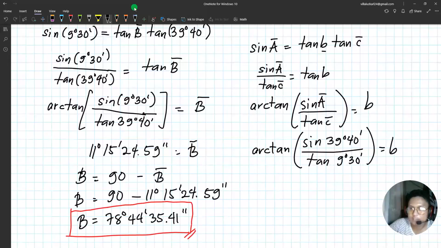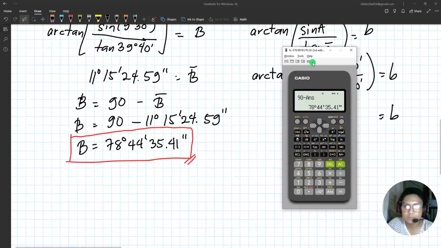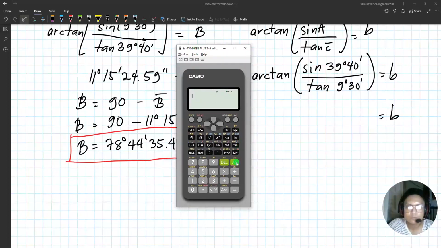That's angle B. So compute arctangent of sine 39 degrees 40 minutes over tangent 9 degrees 30 minutes.